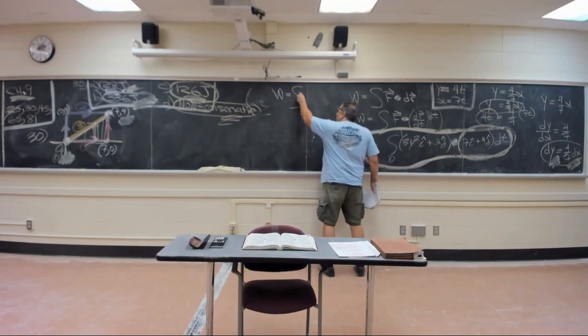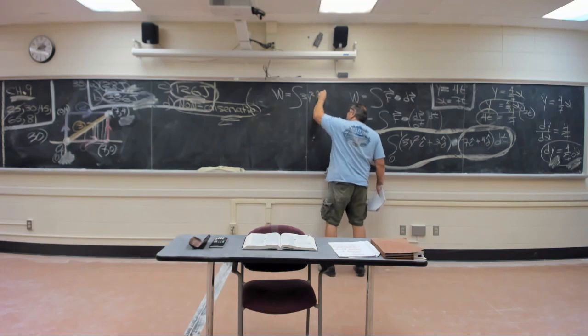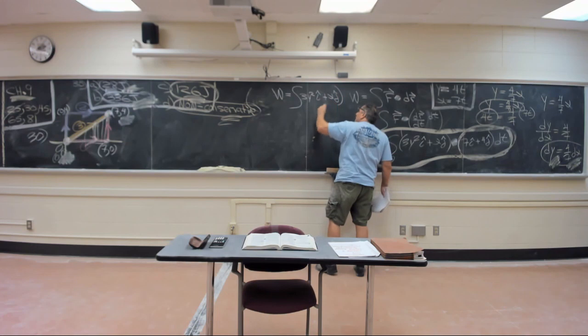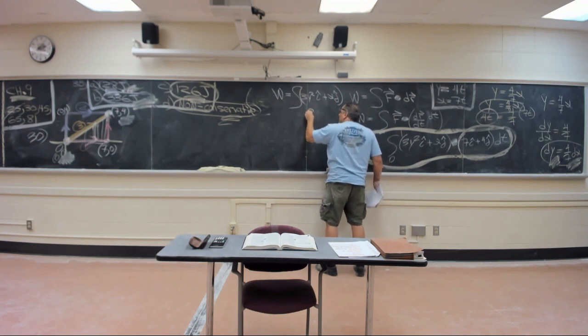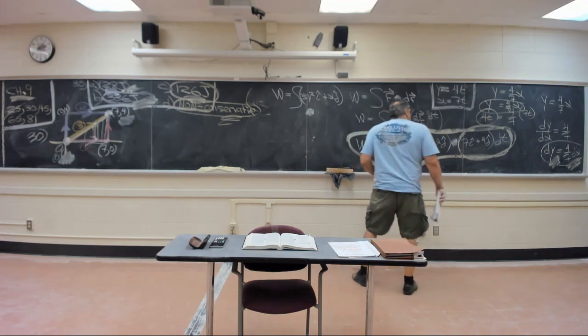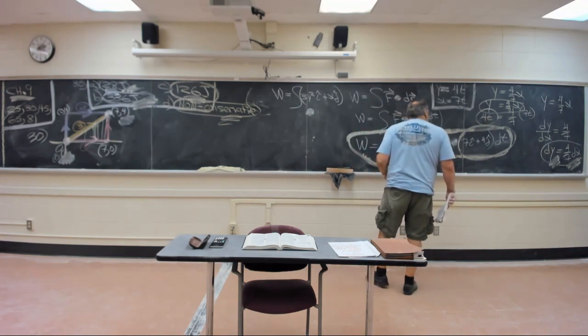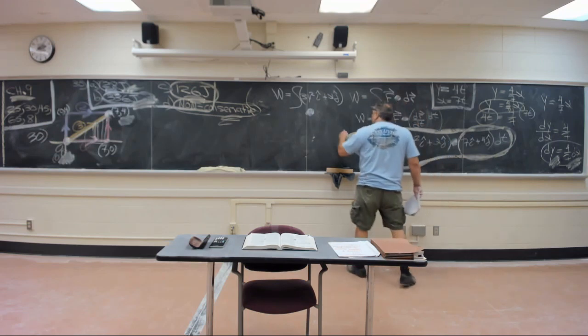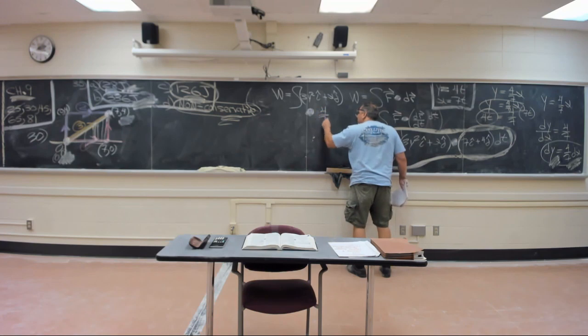It's going to be 3y squared i hat plus x j hat, where x equals x.